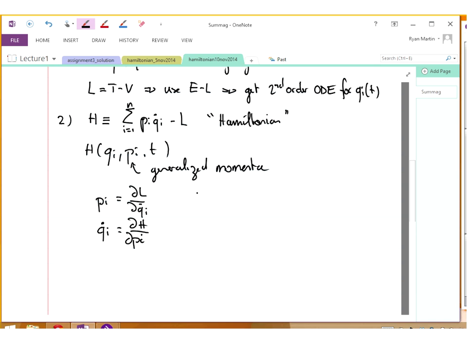We found that ∂H/∂q_i is equal to minus ∂L/∂q_i. And a very similar equation was that ∂H/∂t is minus ∂L/∂t.